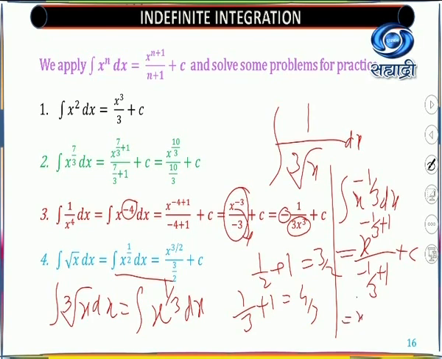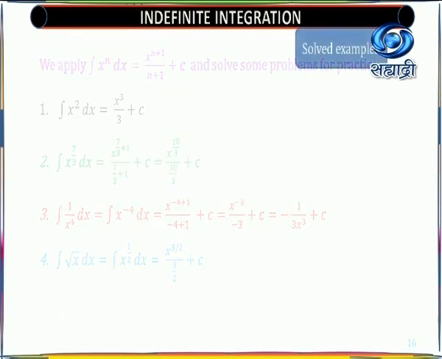It gives you x raised to 2 upon 3 divided by 2 upon 3 plus constant of integration. This formula is applicable to all n belongs to R except n equal to minus 1, and I have explained why n is not equal to minus 1.